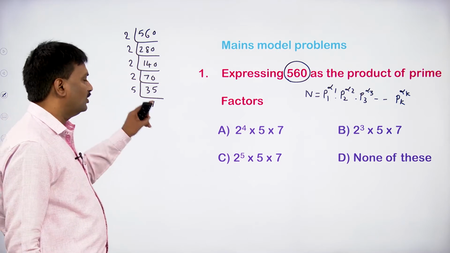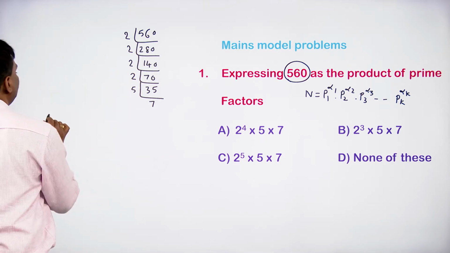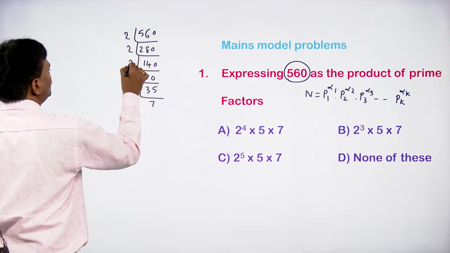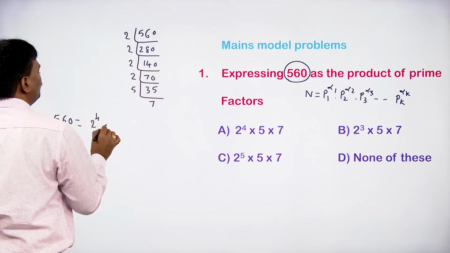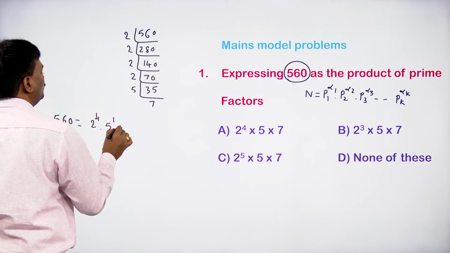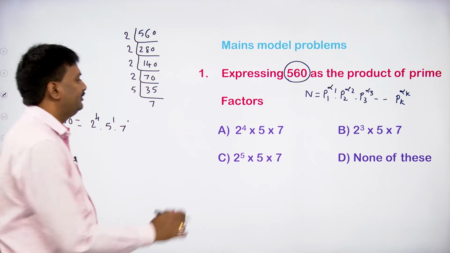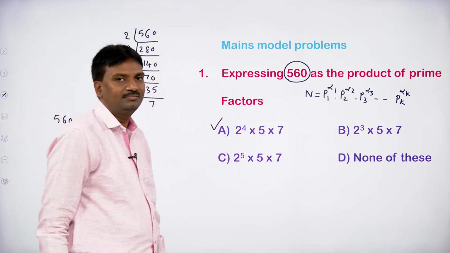Let us stop now because 7 is a prime number. Now we can write 560 as 2 into 2 into 2 into 2, four 2's, that is 2 power 4, into 5 power 1, into 7 power 1. So clearly, option A is the correct option for the given problem.